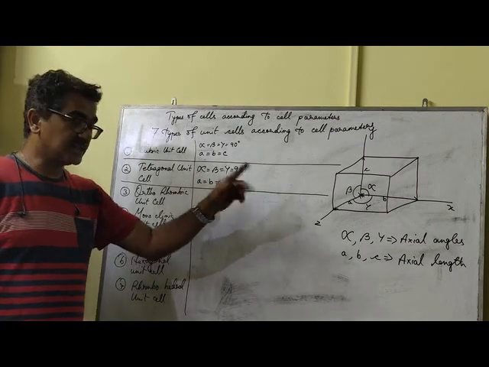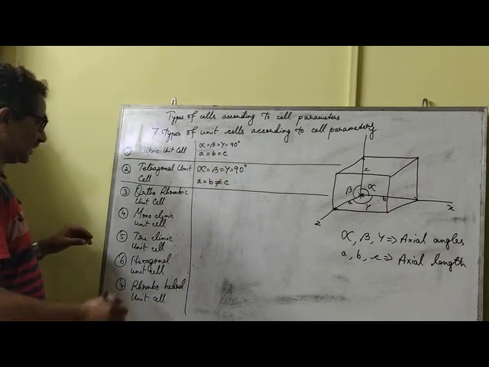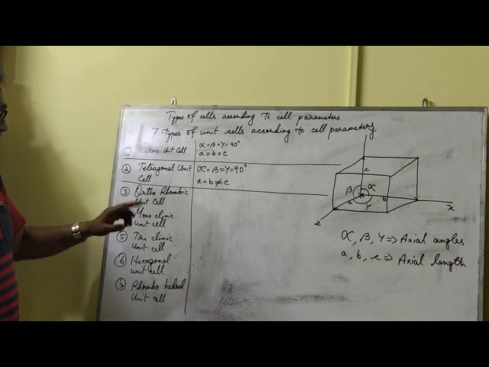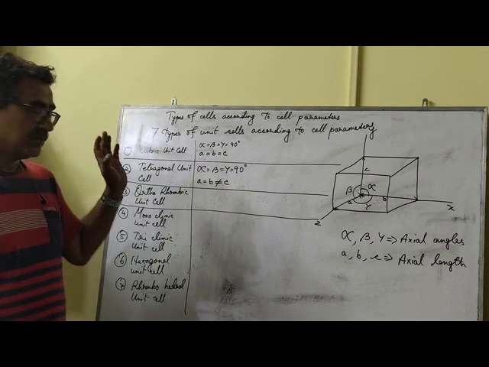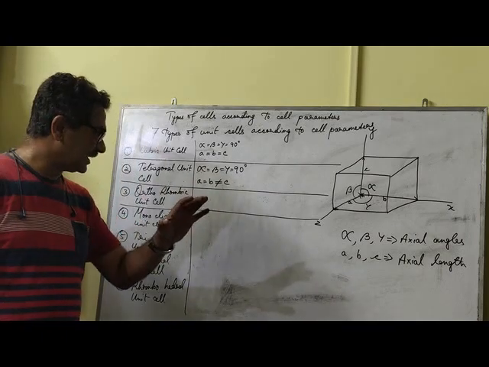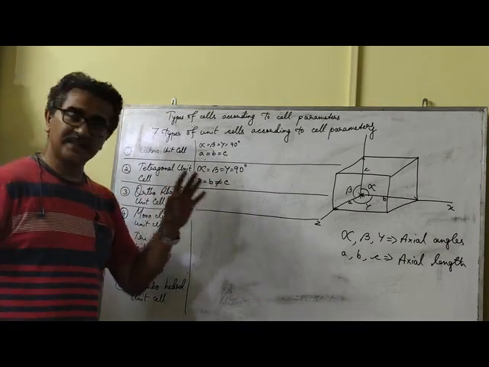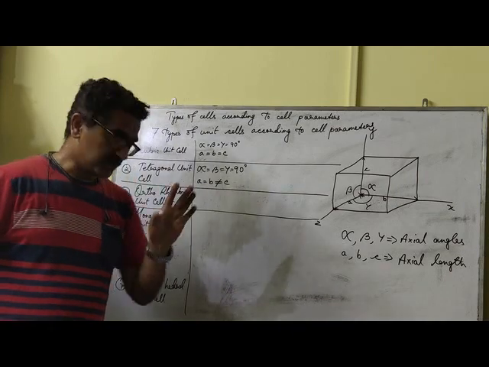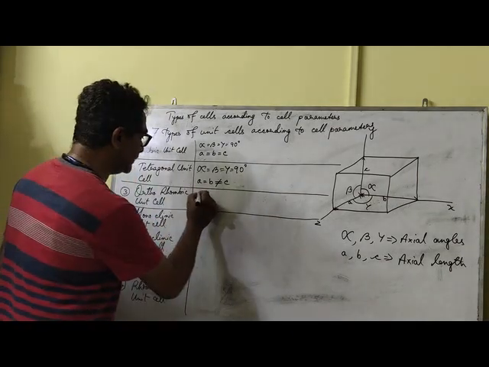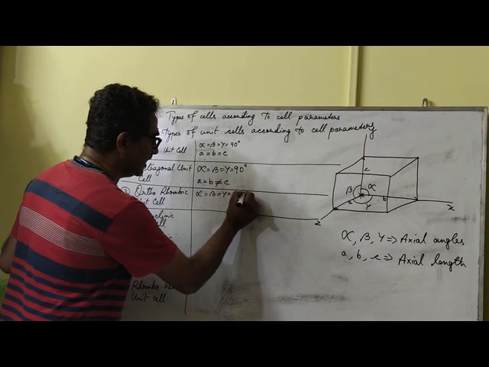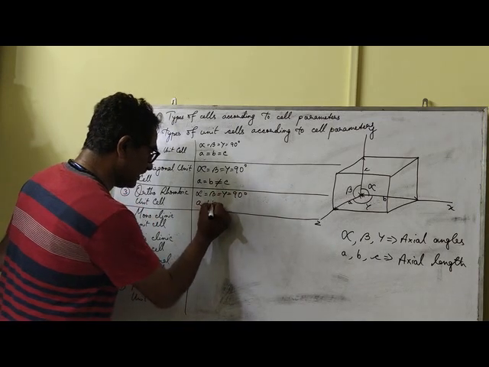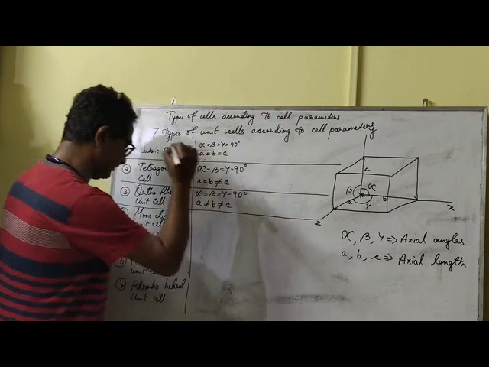However, the angles are still 90 degree. Now we'll go for the orthorhombic unit cell. In the orthorhombic unit cell, all these angles are still 90 degree. However, the axial lengths are all not equal to each other. So alpha equals beta equals gamma equals 90 degree. However, A is not equal to B and B is not equal to C.